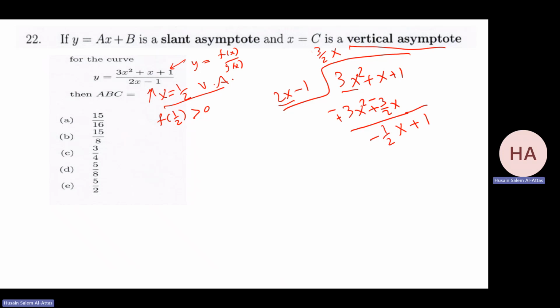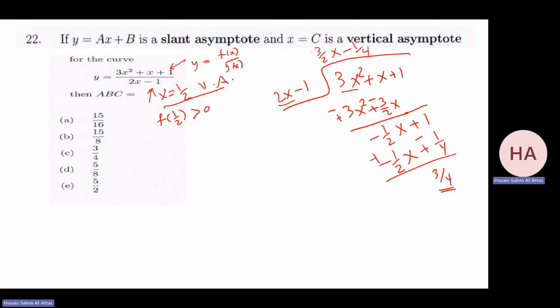Am I right? 1 minus 3 over 2 is minus half. Divide this by this, I'm getting minus 1 over 4. Multiply, I have minus half x plus 1 over 4. Change the signs. So I'm getting 3 over 4.